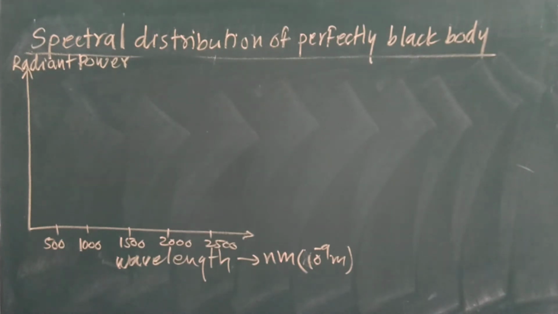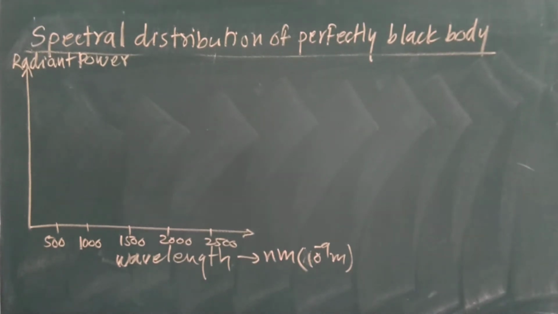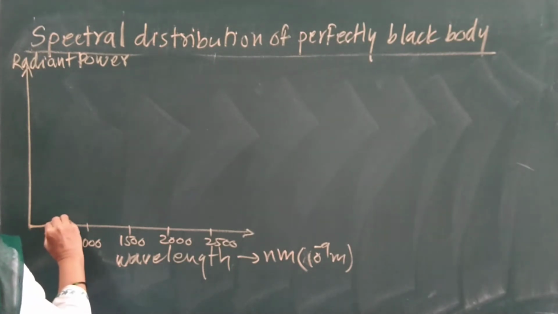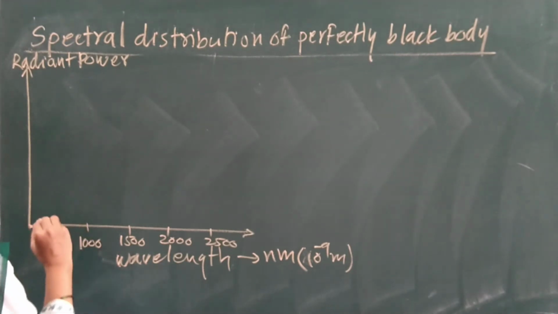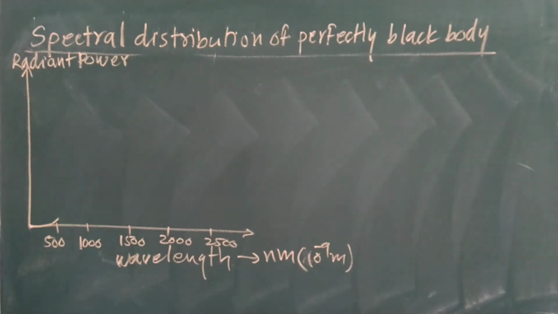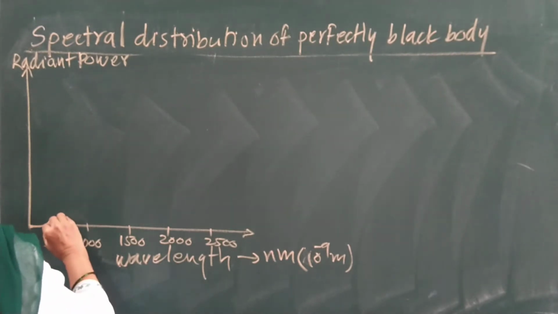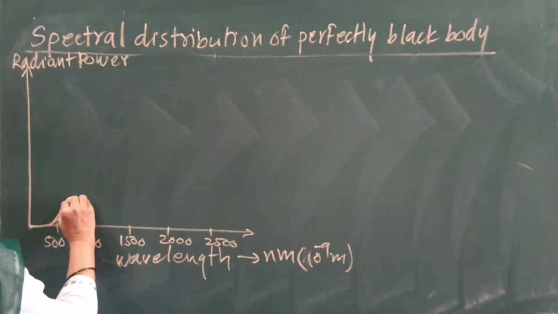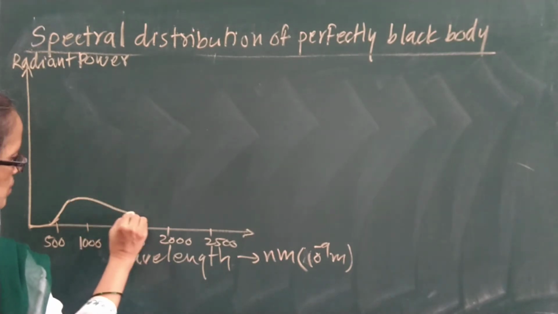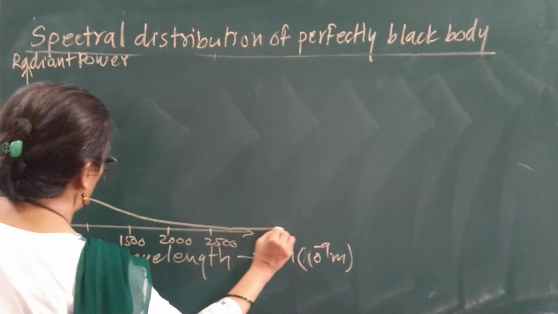Now in that graphical presentation, it is to be seen that if your temperature is nothing but 3000 degree Kelvin, so for 3000 degree Kelvin, somewhere here you are getting a maximum power, and after that this power will go on decreasing.